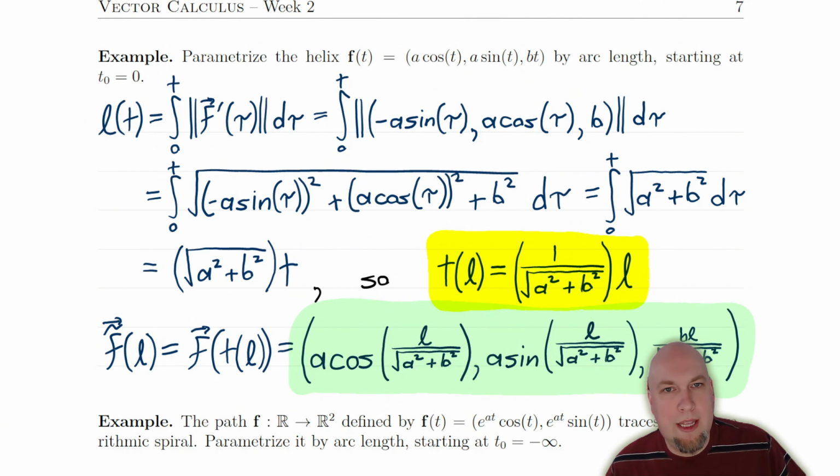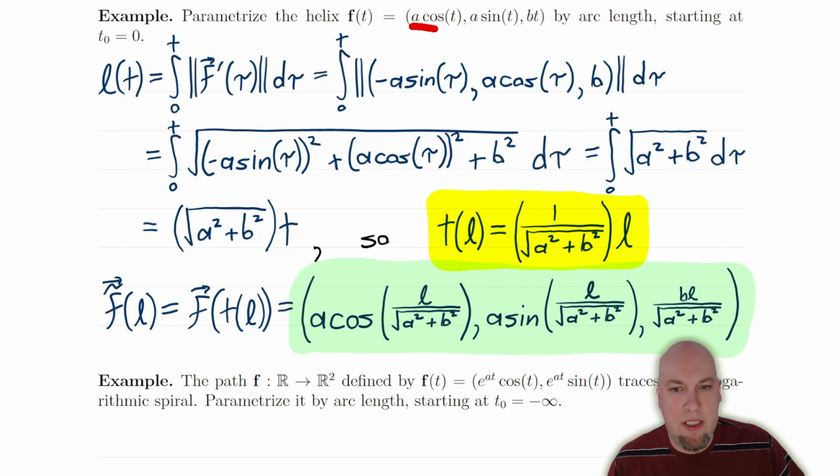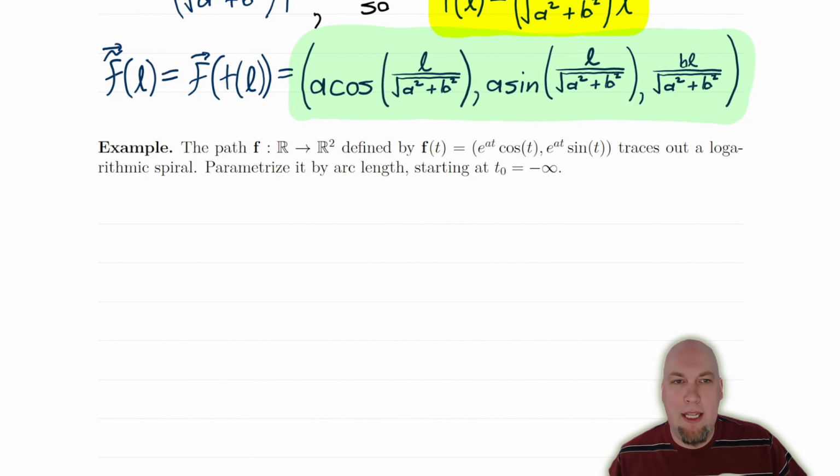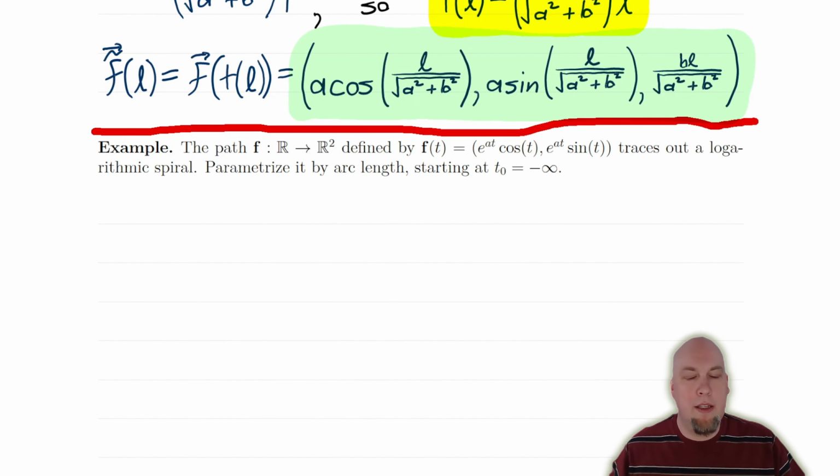So a cos t becomes a cos of that expression, which just has L's in it. Then a sine t, replace all the t's by that formula. And same thing on the right, b times t becomes b times L over root a squared plus b squared. So that right there is my parametrization by arc length.